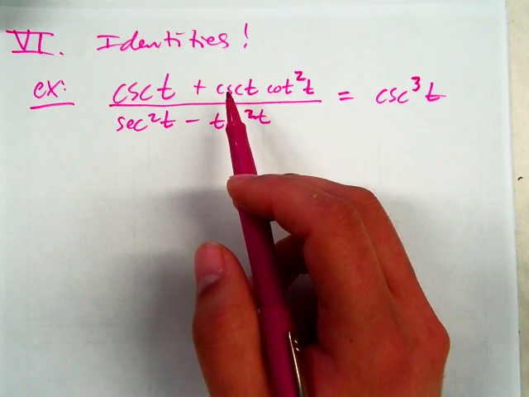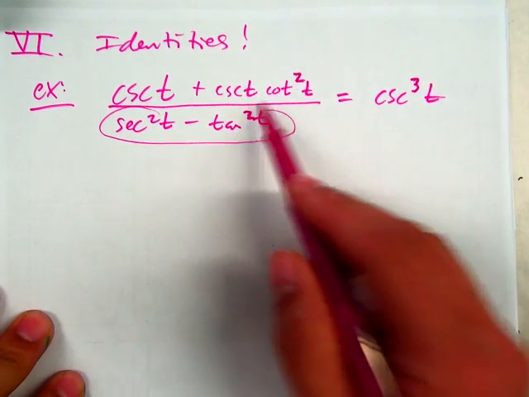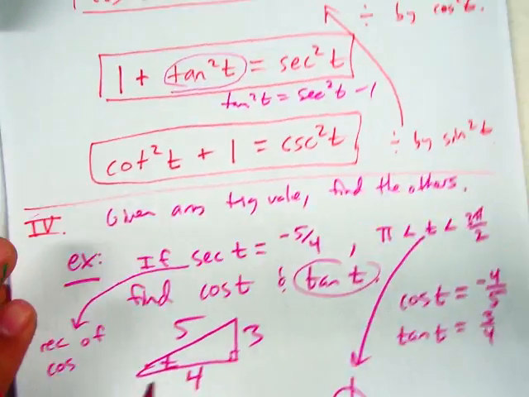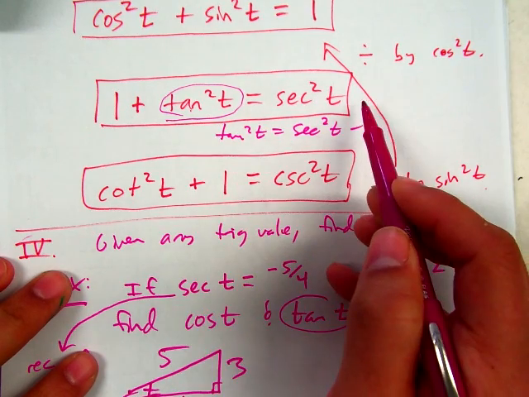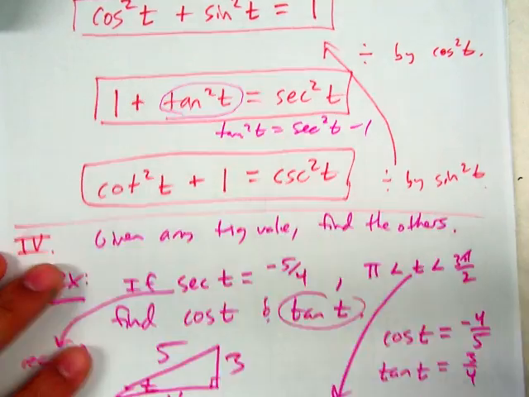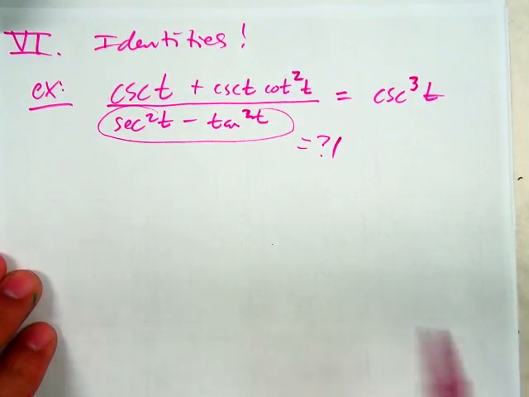It's in the bottom. The bottom equals 1. Let's check that out. If you have secant squared and you subtract tangent squared, that's the same as just 1. You guys see that? Well, that's nice.